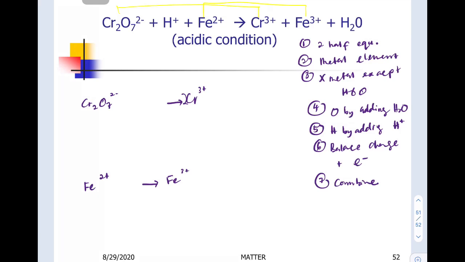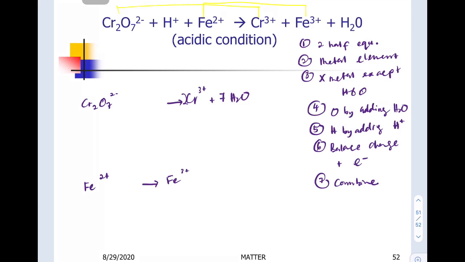After we balance the metal element, we balance the non-metal element except H and O, but we don't have non-metal element in this half equation. Then we move to the fourth step, which is to balance the oxygen by adding H2O. Looking at the equation, we have 7 oxygen at the left, no oxygen at the right. So we have to add 7 H2O at the right side.